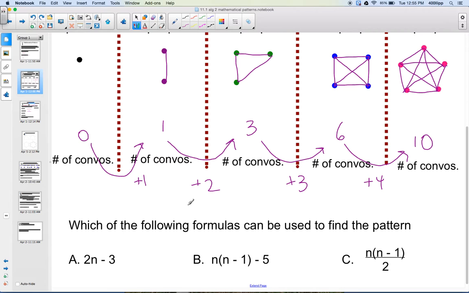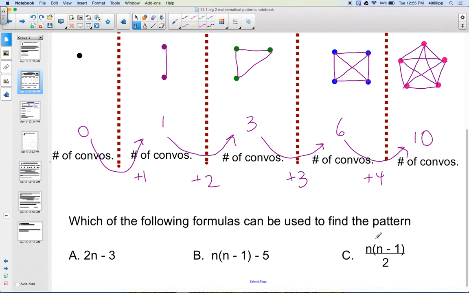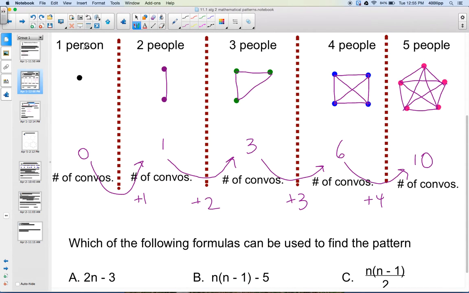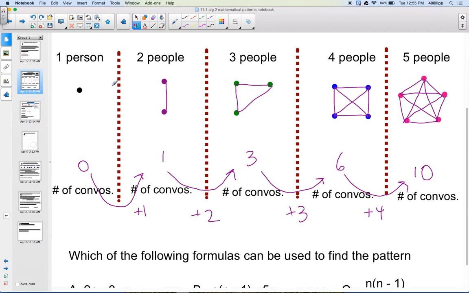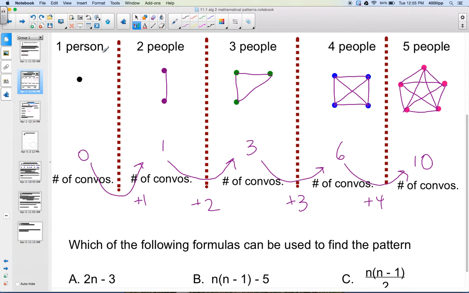It wants to know which of the following formulas can be used to find the pattern. All 3 of these are explicit formulas, and we're going to go over what an explicit formula is in a couple minutes. So for example, one person would be your n. If I plug in 1, I should get 0 conversations. If I plug in 2, I should get 1 conversation.